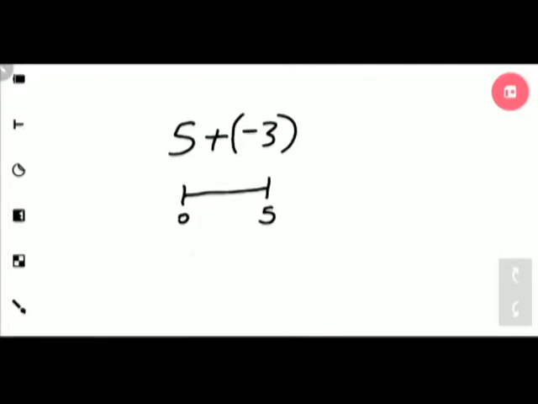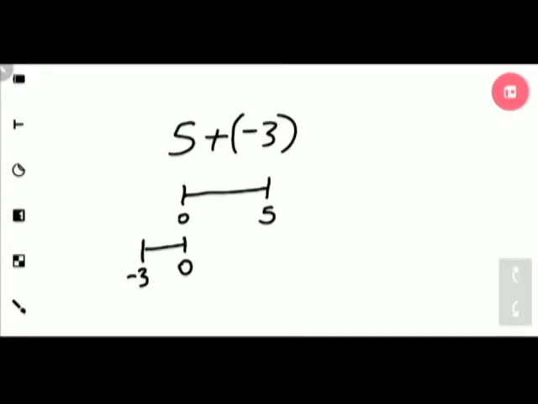Okay, so 5 plus a -3. What we're going to do is go value number 1. Value number 2 is going to start at 0, and it's going to go backwards 3 spots to -3.